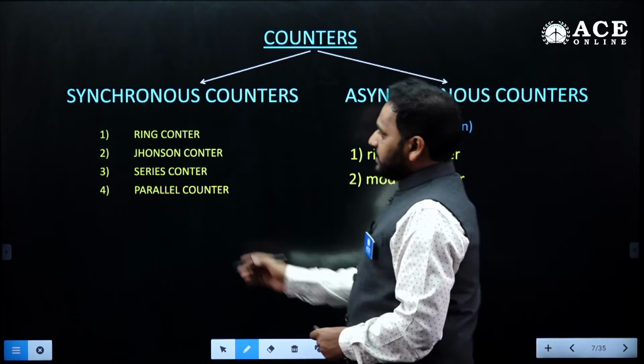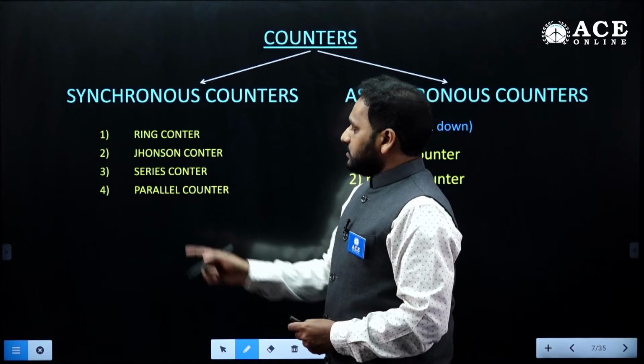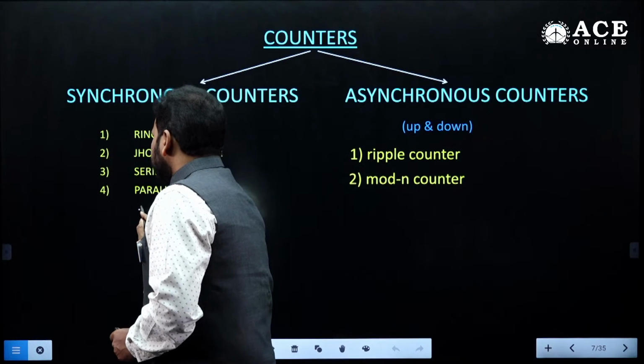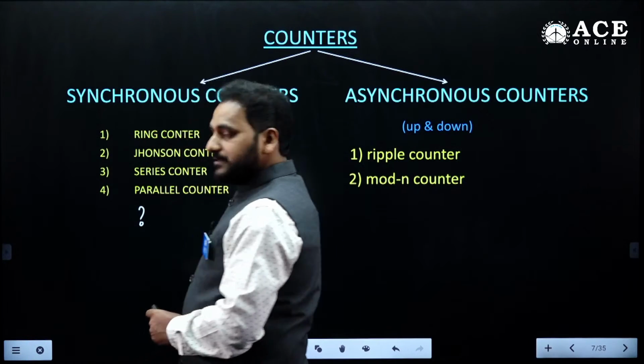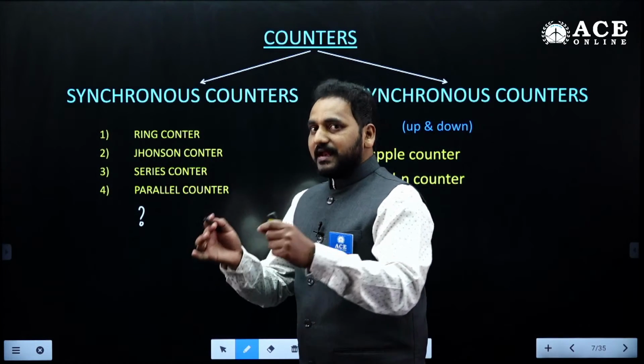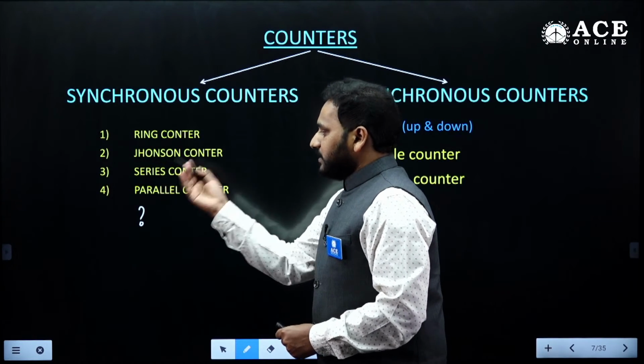The synchronous counters again have some subclassification like ring counter, Johnson counter, series and parallel counter. And after that we can go for our own design. In the classroom course, or at the time of preparation, you will get one extra topic.